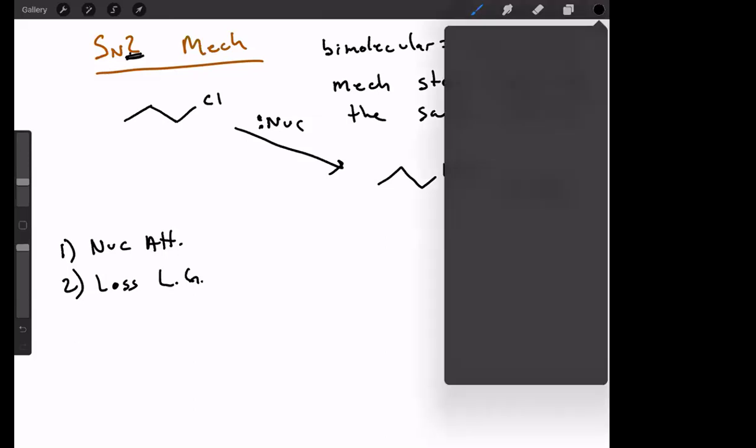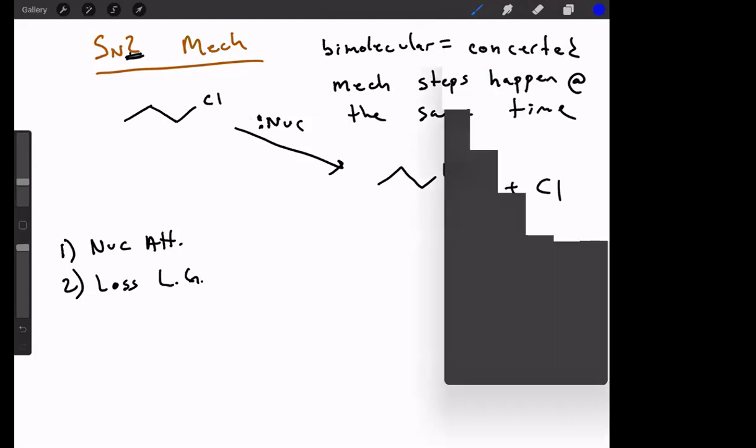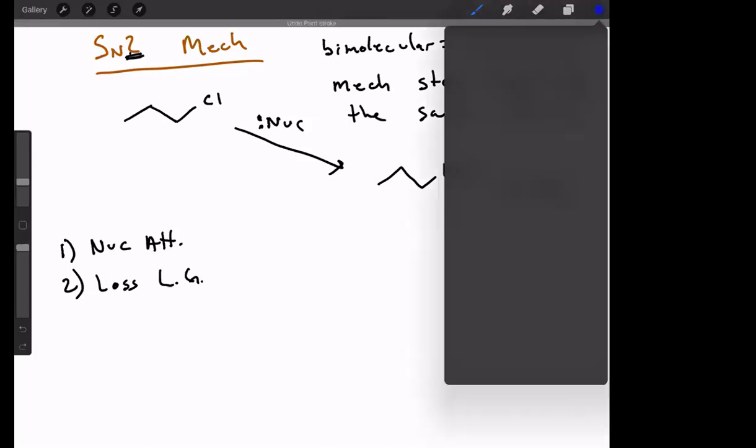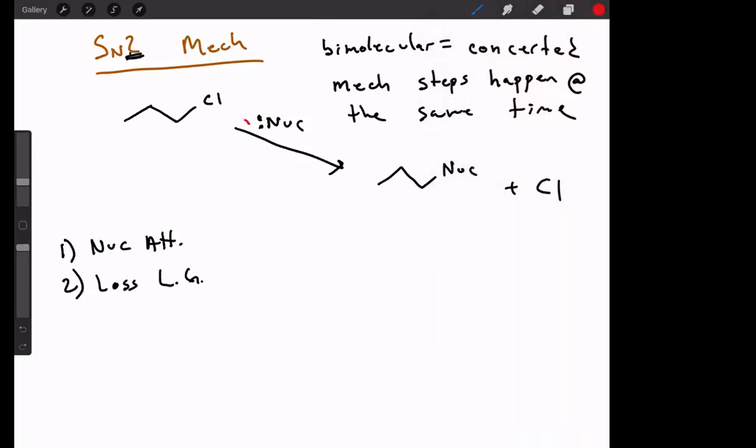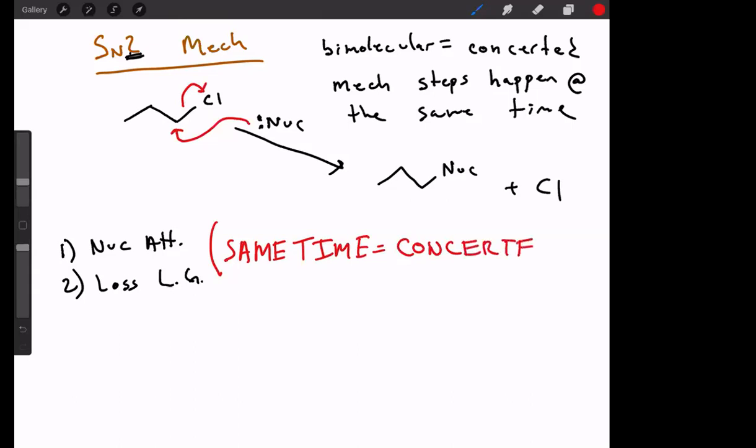And so the way the mechanism works is that, I'm going to use red, the nucleophile attacks the partially positive carbon at the same time, remember, concerted, at the same time that the leaving group leaves.